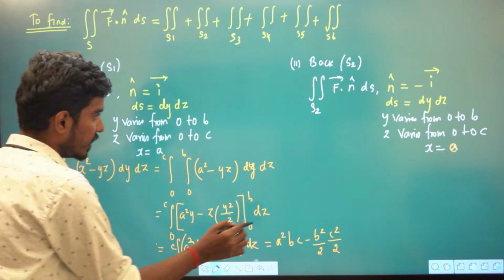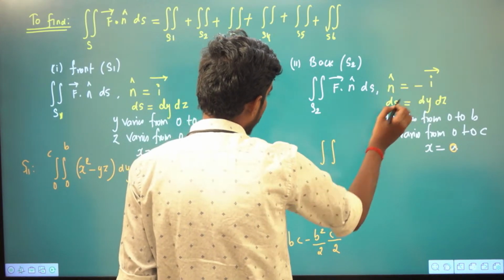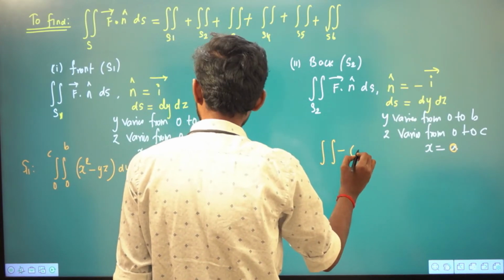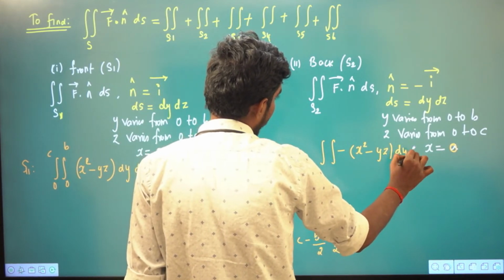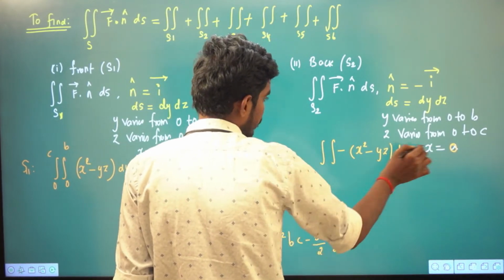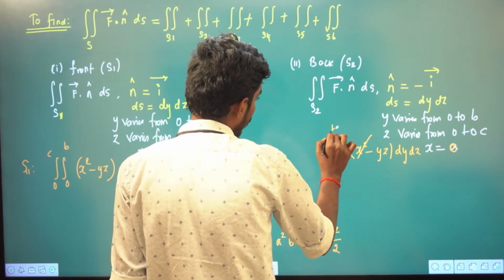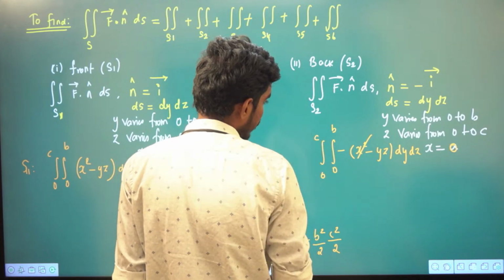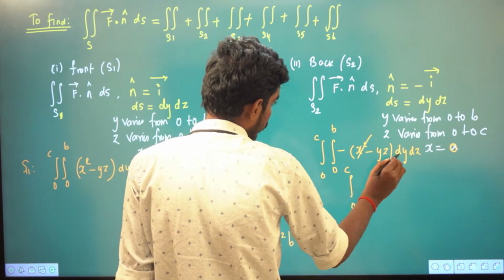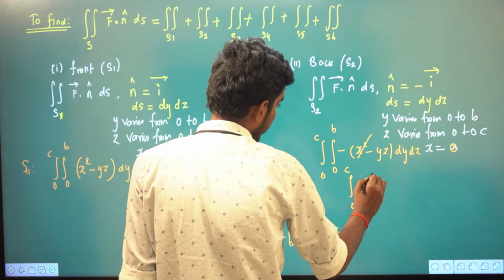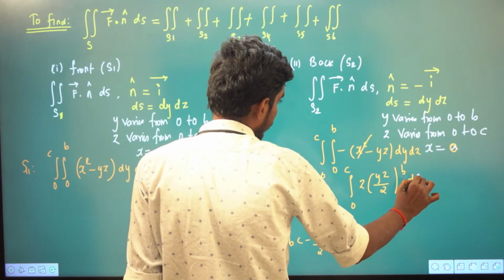Now similarly you find S2. This is the double integral over S2 of f vector dot n cap. So this will be minus of x square minus yz dy dz. And we know x is 0, so that term vanishes. Y varies from 0 to b, z varies from 0 to c. Integrate with respect to y: integration of y is y square by 2, from 0 to b, dz.